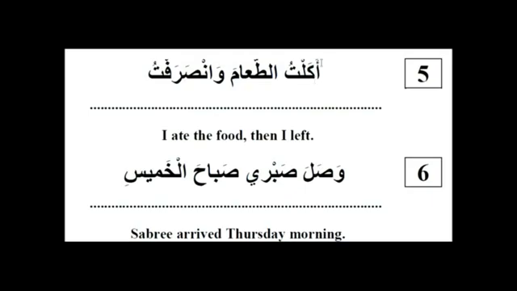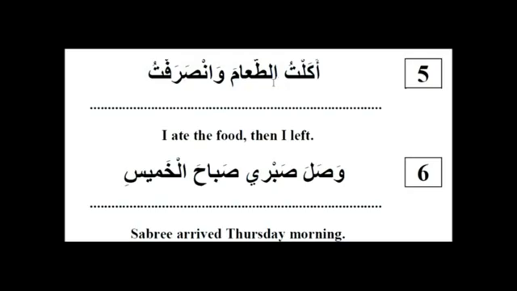Here we have the Hamza with the Fatha making the sound A. Akaltu. Smoothly, akaltu. At-ta'am. Here we have the Ta with the shidda. It's not clear here, but it was supposed to have the shidda, which is the little W symbol, meaning there are two of the Ta sounds in this case.